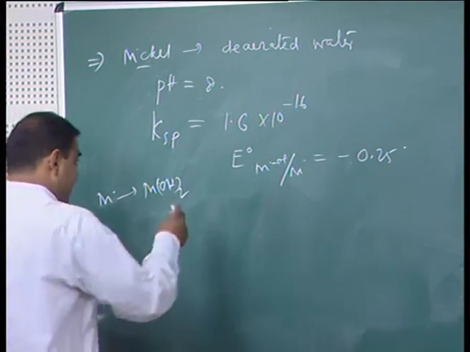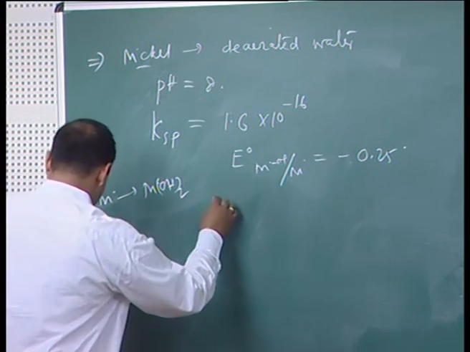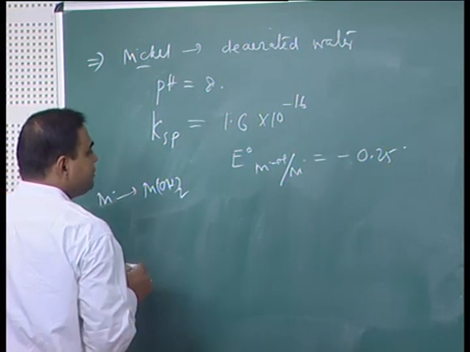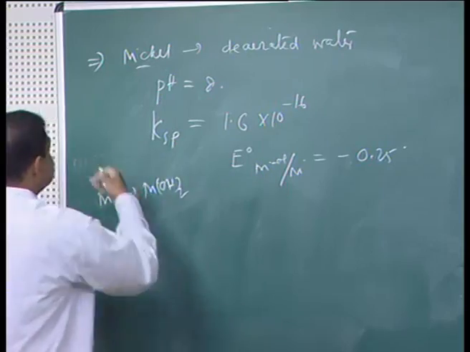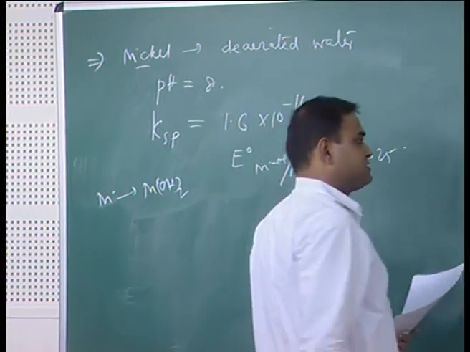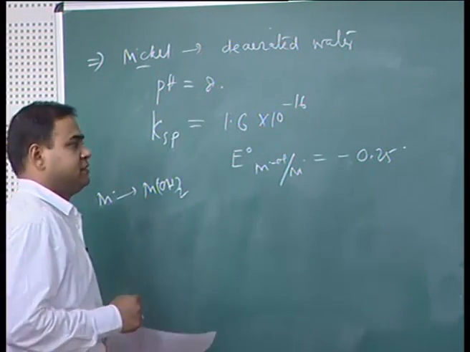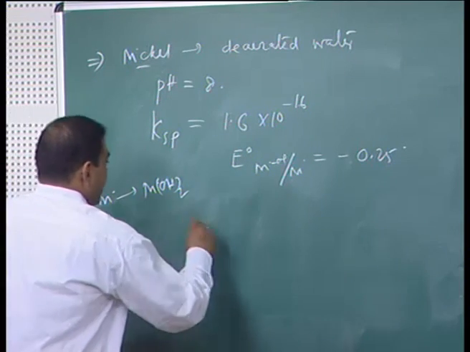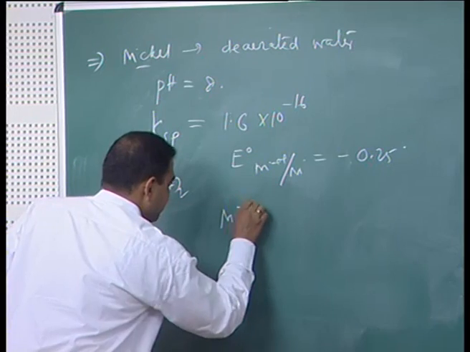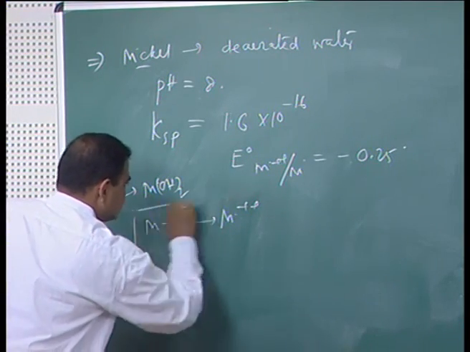Now, another data which is given: the reactions that are happening, of course nickel is going into nickel ion, and the nickel ion is reacting with OH minus and forming Ni(OH)2 precipitate. Another reaction that is happening is nickel going to nickel ion.